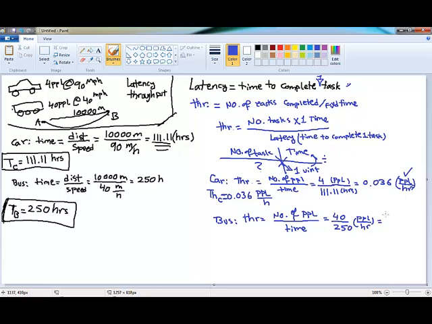So it's going to be 0.16 people per hour. So the throughput TH sub B for the bus is going to be 0.16 people per hour.